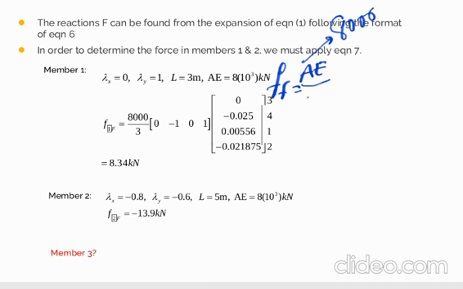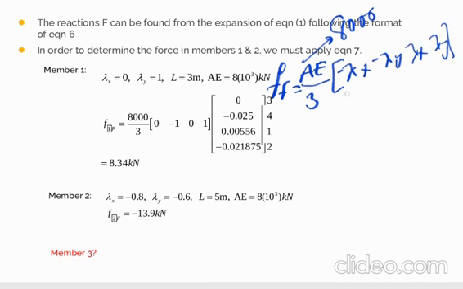L is 3, the length of member 1, and lambda x, lambda y, minus lambda x and lambda y positive.